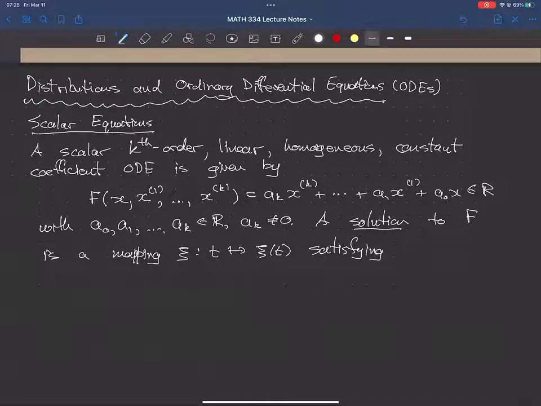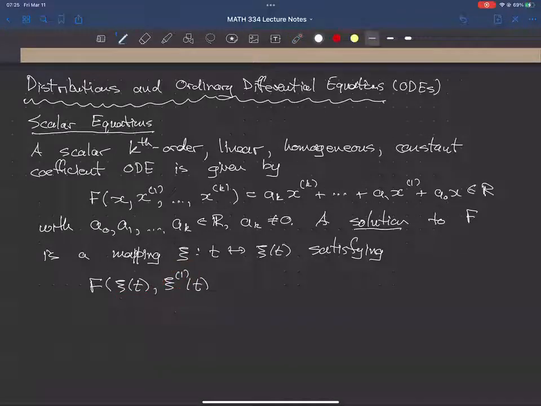it satisfies F of c of t, c1 of t, and so on. You should be careful: the one here and the one here are meant to look the same because I want them to be thought of in a similar way. But this is just a label for a scalar variable, and this is the derivative of this function of time.